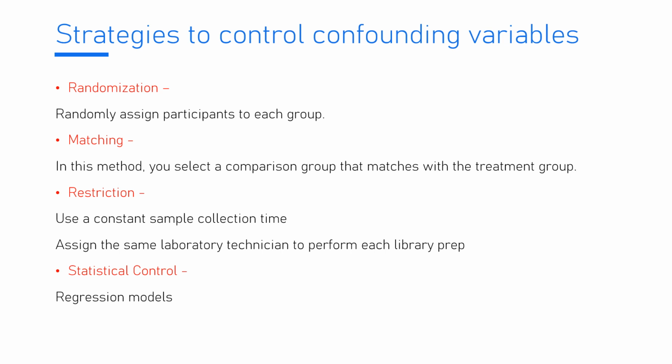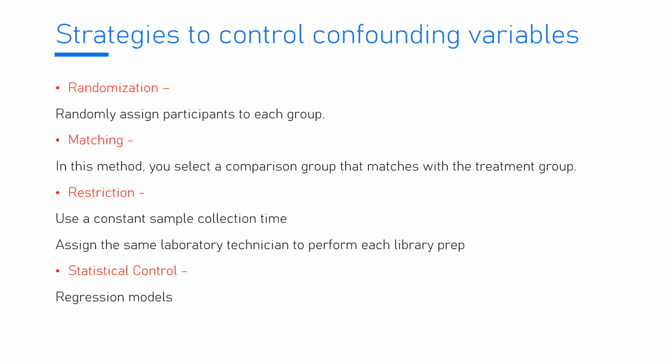Randomization is, for example, while doing the RNA extraction, you have a large batch of samples, and you want to isolate the RNA from one batch on one day and another batch on another day. Sometimes we split those batches as treatment group on one day, control group on another day, but that is never advised.